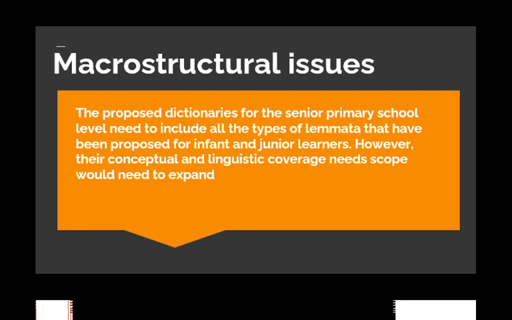So we have macrostructural issues. The proposed dictionaries for the senior primary school level need to include all types of lemmata that have been proposed for infant and junior learners. However, the conceptual and linguistic coverage would need to expand.